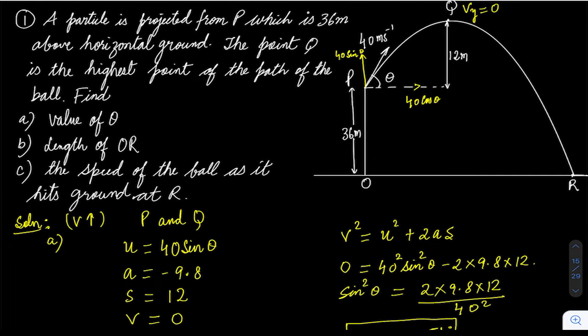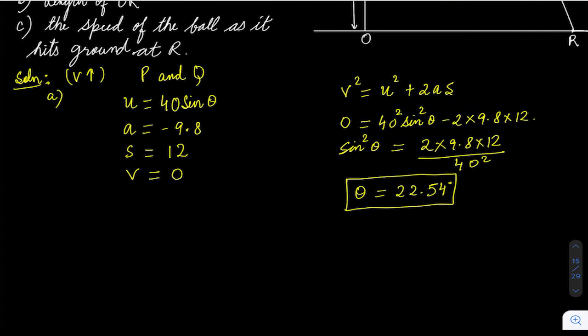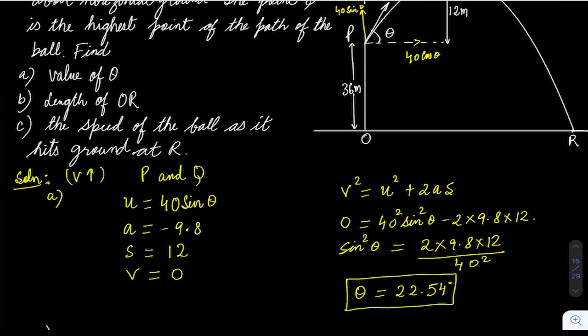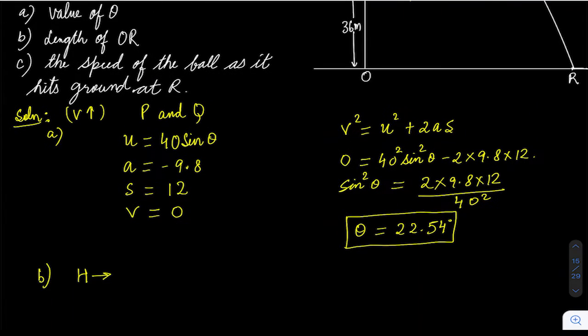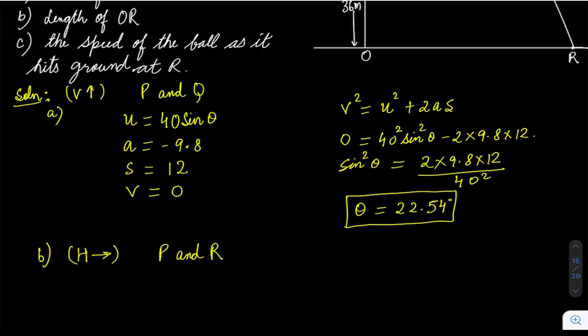The second question they are asking is length of OR. OR is the displacement of the particle in x direction, so we need to find this. Obviously we will need to use the equations in x direction, that is horizontal direction. So let's write the equation between P and R. My displacement we need to find out.